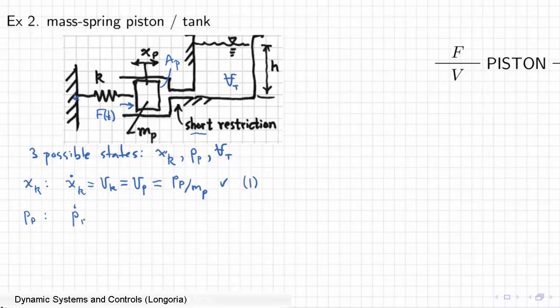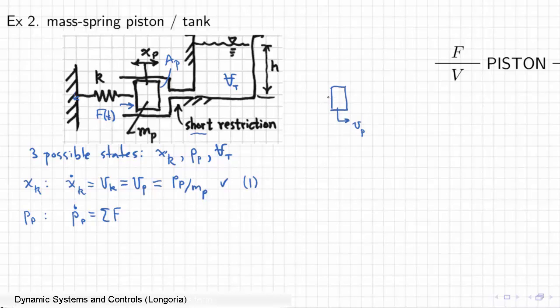Well, the rate relationship for that mass is the rate of change of the momentum, which is the sum of the net forces on that mass, right? You can go ahead and draw a free body diagram if that helps you. If we're defining, say, the motion positive in this direction, as this moves, it compresses the spring.